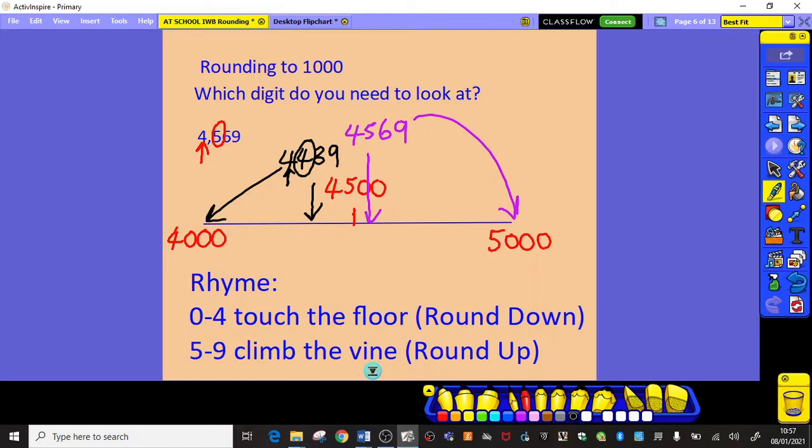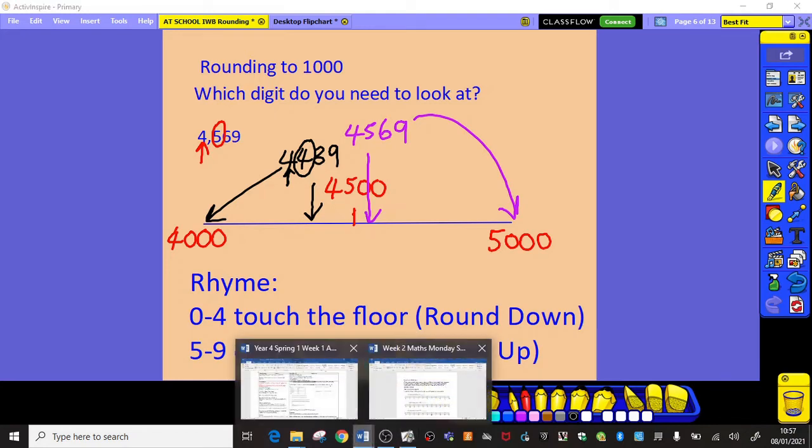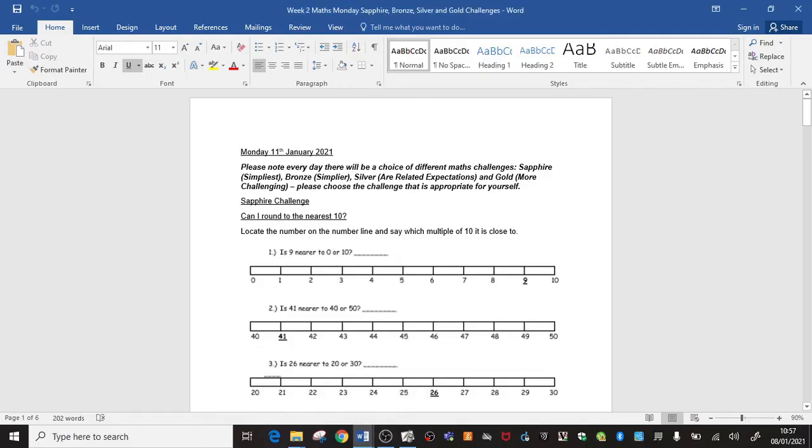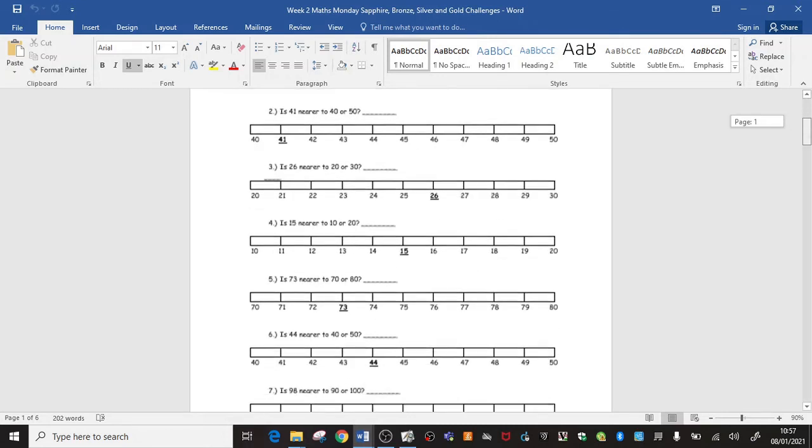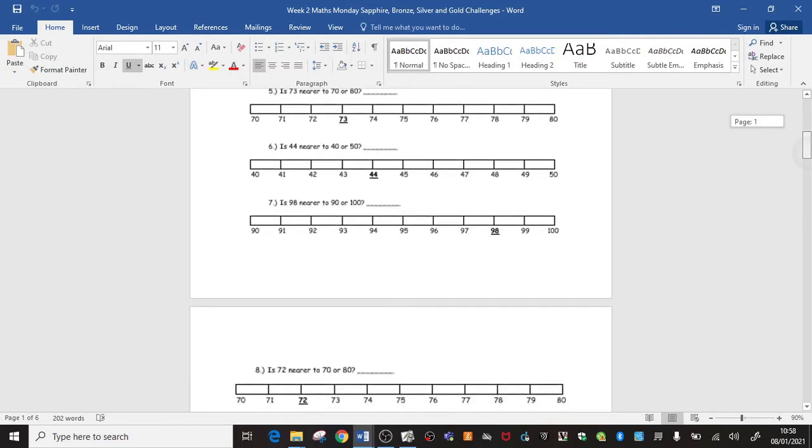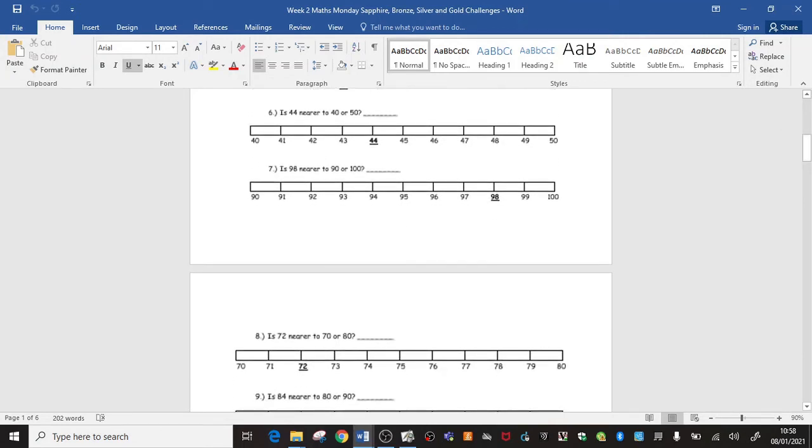I'm now just going to briefly show you the tasks for today. The Sapphire challenge, which is the simplest challenge, involves you rounding 2-digit numbers to the nearest 10. And as I scroll through that, you can actually see that I've put all of the numbers that you need to think about on your number line already on there for you.